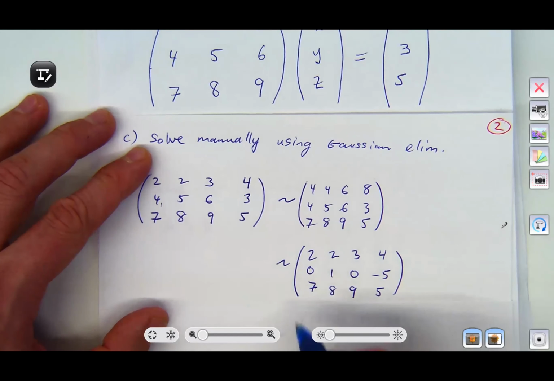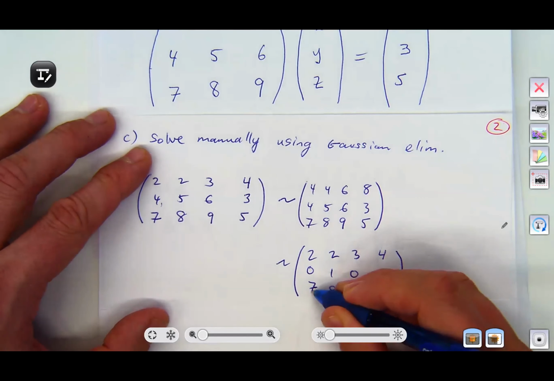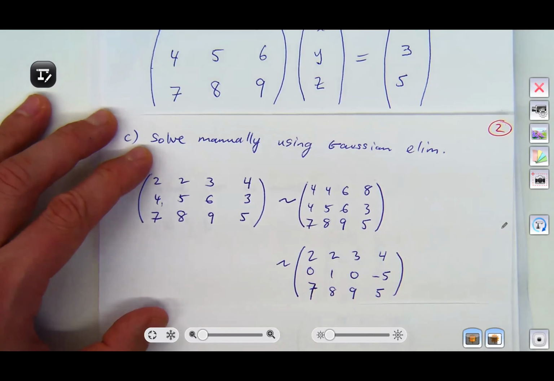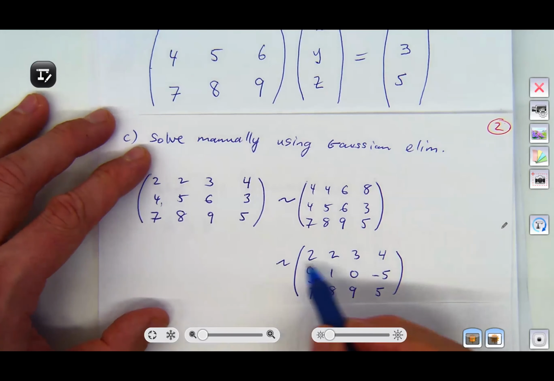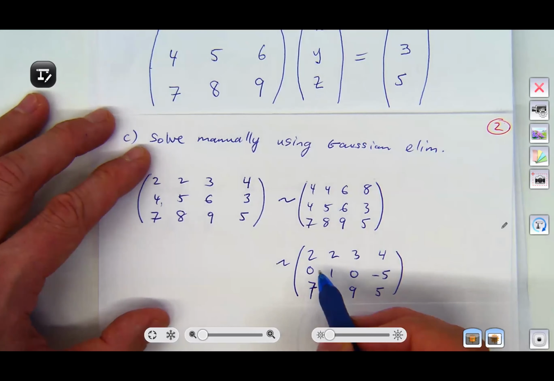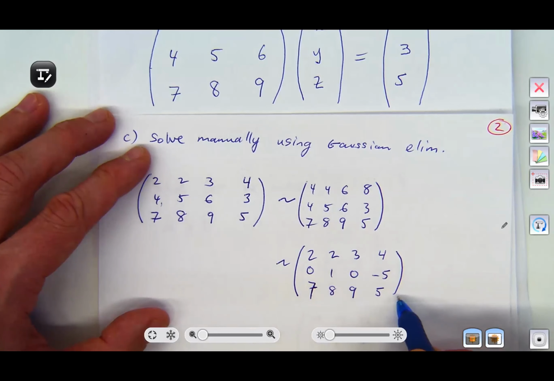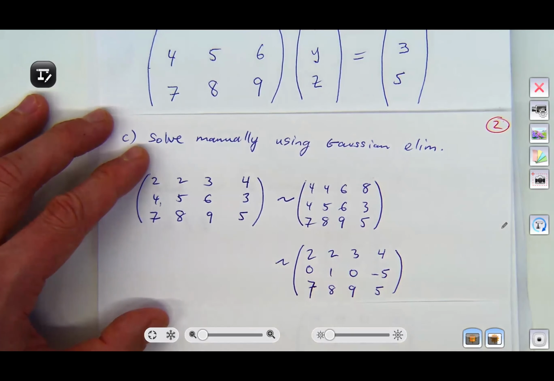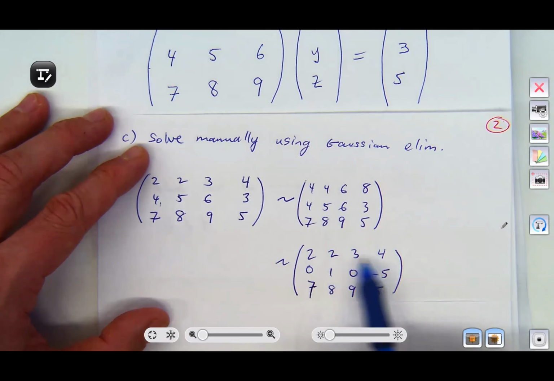Okay, so now I need a 0 where that 7 is. Now, of course, you could divide throughout by 2 and get a leading 1 there. You could divide this throughout by 7 to get a 1, but you would have fractions, right? And if you're like me, you want to avoid them. And so instead, what I do is I multiply the top row by 7.